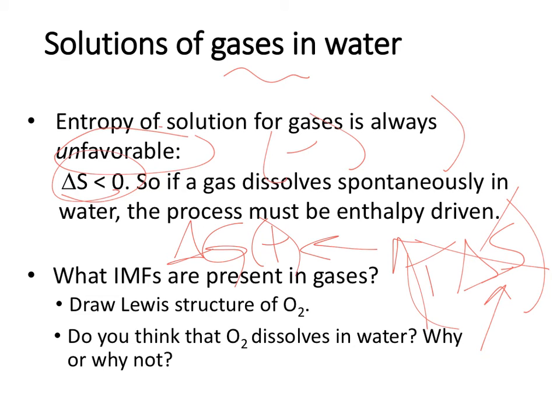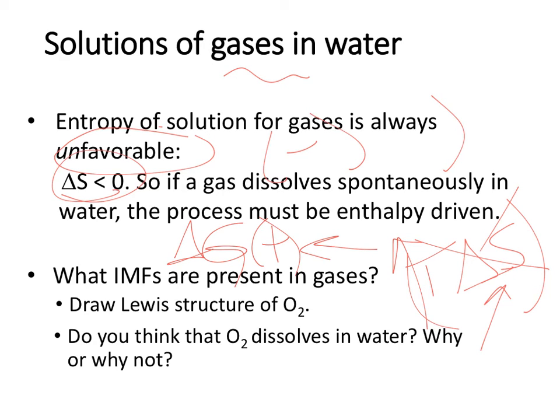But as always, to decide if something's soluble, including gases, we have to consider both enthalpy and entropy. So let's work an example out. And what I would like you to do, and you're going to need to do that in general throughout the rest of this semester, so it's good practice: what are the intermolecular forces that are present in gases? We haven't learned much about gases, but imagine you're down on a molecular level looking at the gas molecules that make up air.